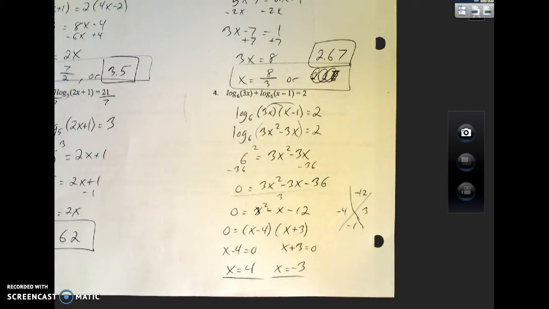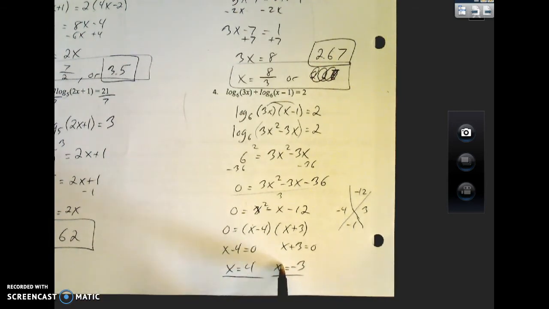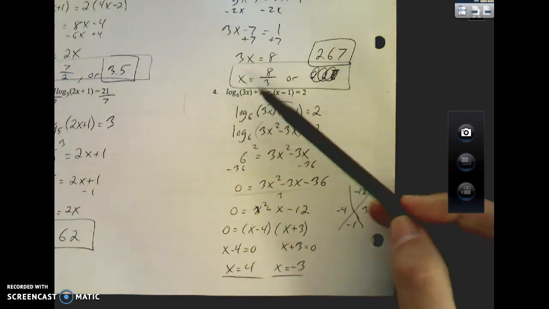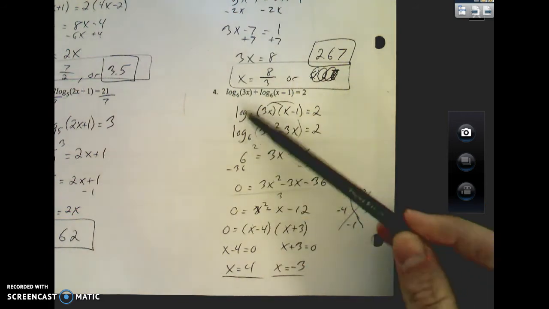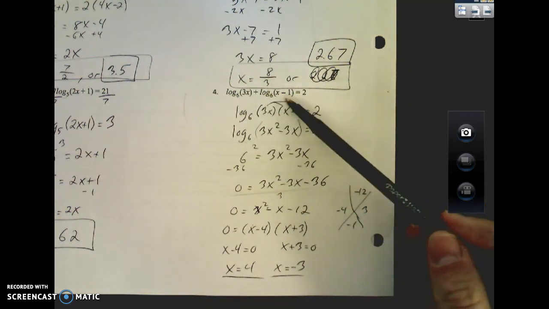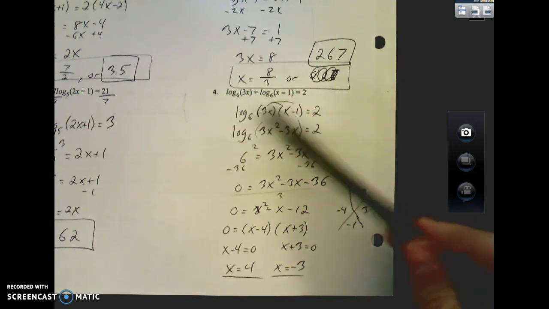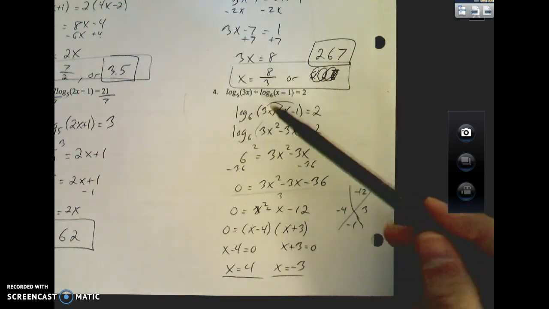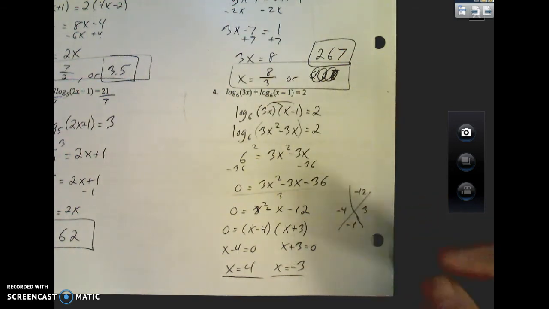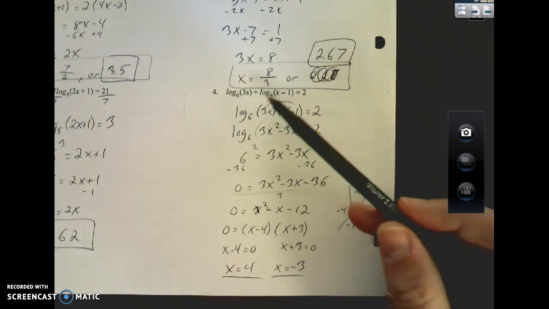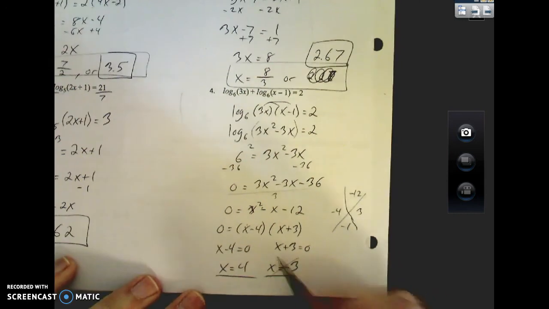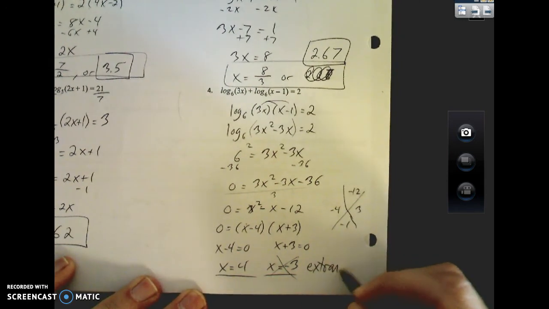Now here's where I was saying to you guys, you've got to be careful. If I plug them back in, you have to check that everything inside the parentheses up here is positive. So for the first one, 4 times 3 is 12. 4 minus 1 is 3. That's fine. The rest of it will work out. You can use your calculator. If you add those two together, they'll equal 2. But if I plug a negative 3 in here, 3 times negative 3 gives me negative 9. Log base 6 of negative 9 does not exist. This is called extraneous.